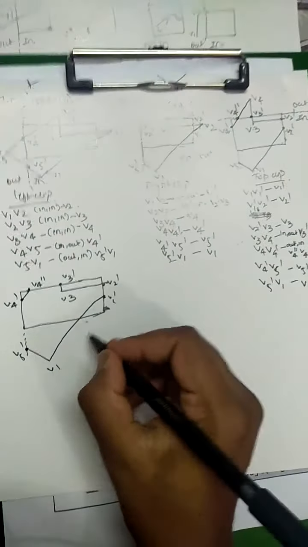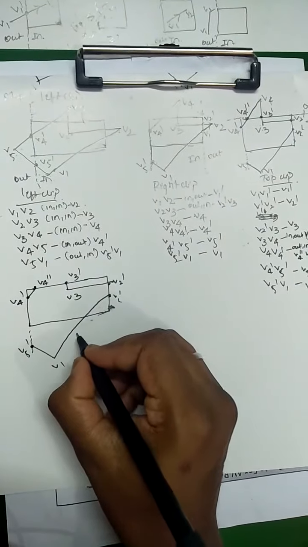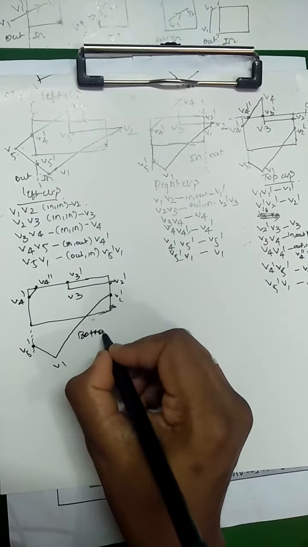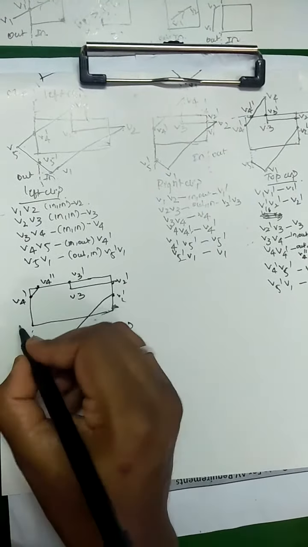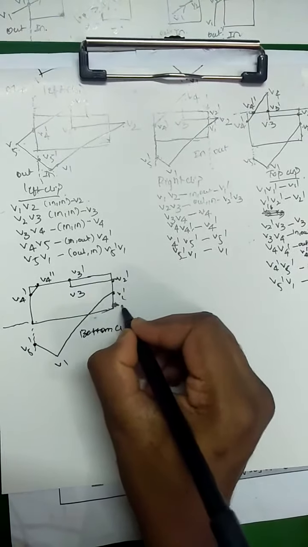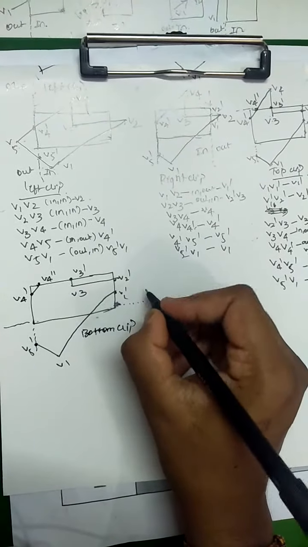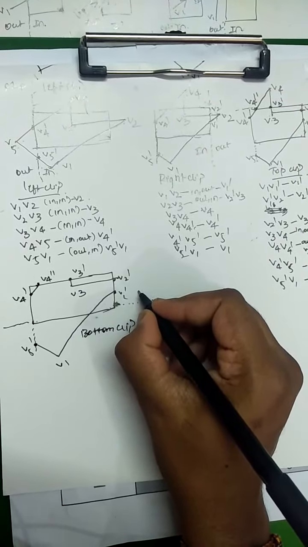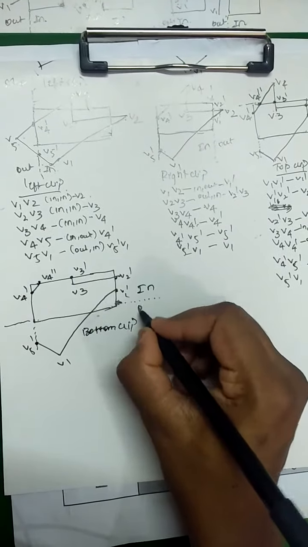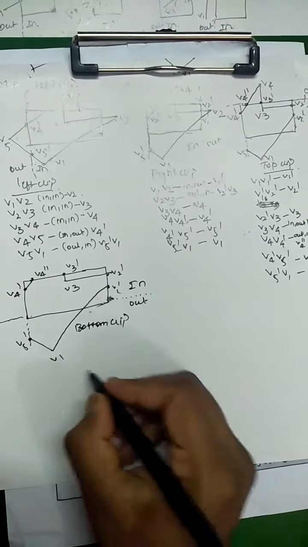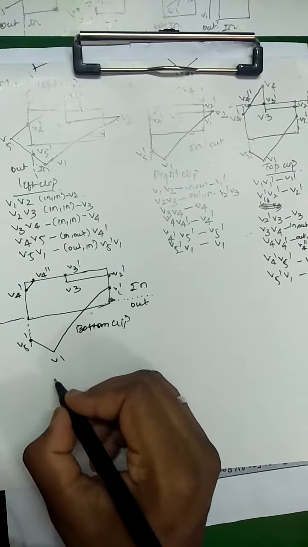So for this I have to perform the bottom clip operation. I'll just draw the region. So this will be the in region and this will be the out region. So consider the edges now.